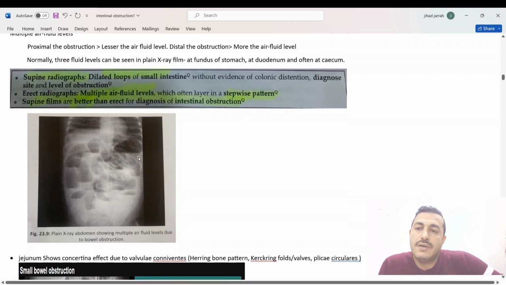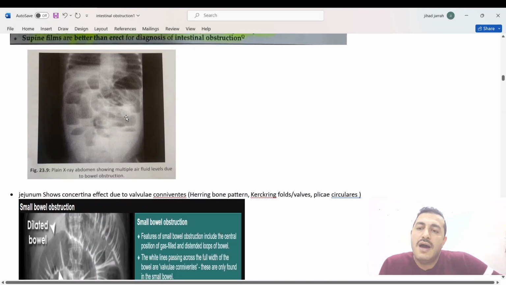Here, I think there are better pictures than this one. Here are the air fluid levels.